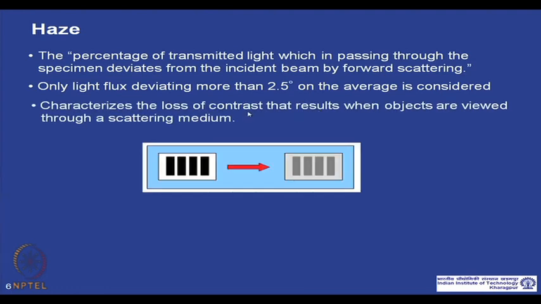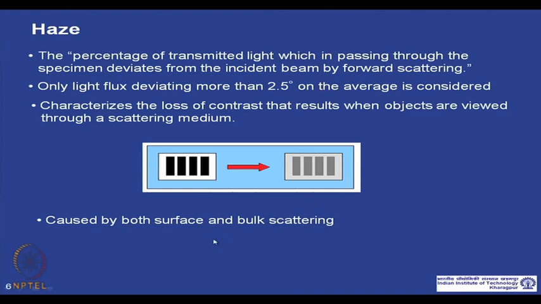And haze characterizes the loss of contrast that results when objects are viewed through the scattering medium. So, if you are viewing objects through a hazy plastic material, then obviously there will be loss of contrast.